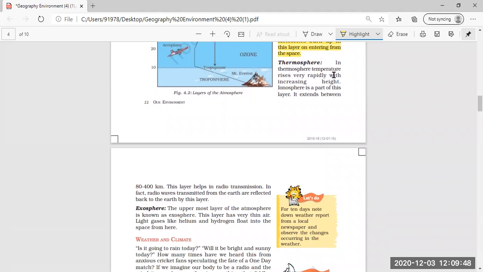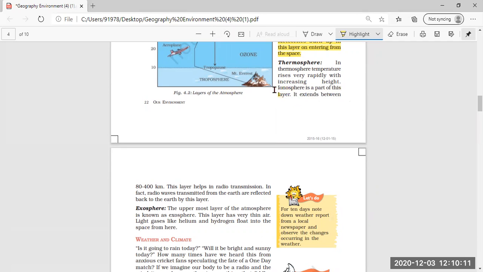Next is the thermosphere. In the thermosphere, temperature rises very rapidly with increasing height. As the thermosphere is a little bit higher, with the increasing height, the temperature also rises. Then the ionosphere is part of this layer.